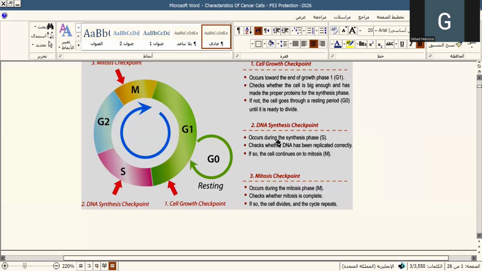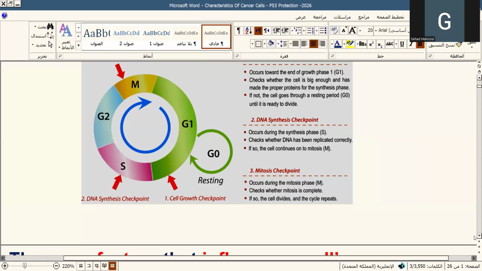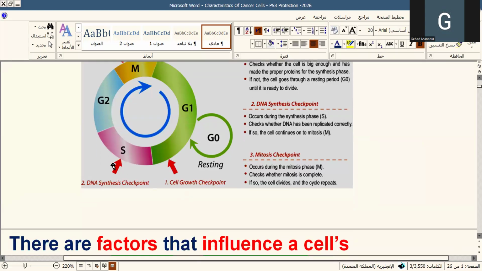On the other hand, we have another checkpoint, which is called the DNA synthesis checkpoint, and it occurs at about the middle of the S phase, or halfway along. This checkpoint checks whether the DNA replication has been done correctly or not.